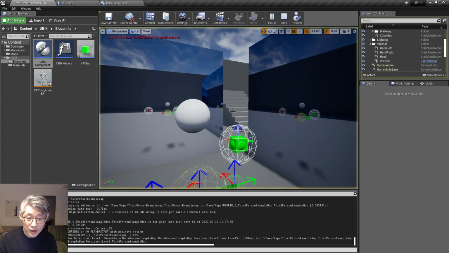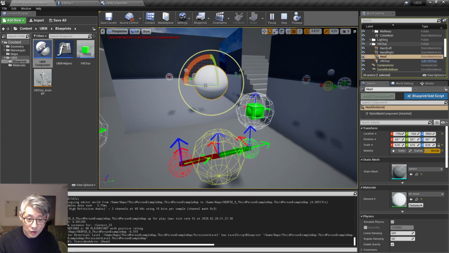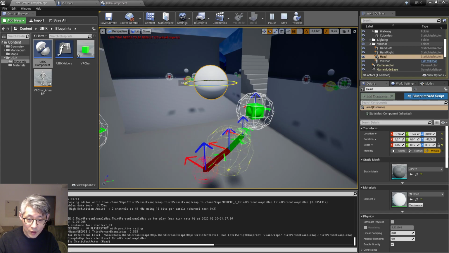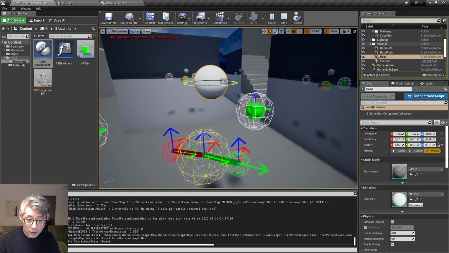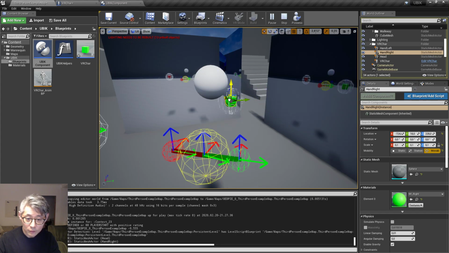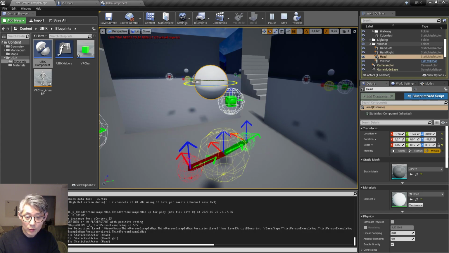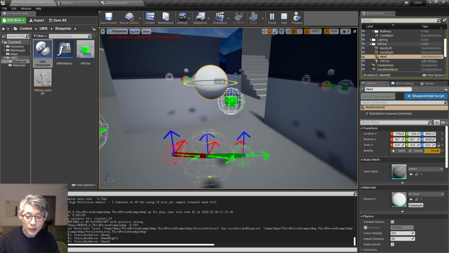Because as it is right now, we let the head rotation control the upper body, as you can see from this. So this red arrow here I'm pointing at right now, this is the chest orientation, and as you can see it's following the head orientation completely.